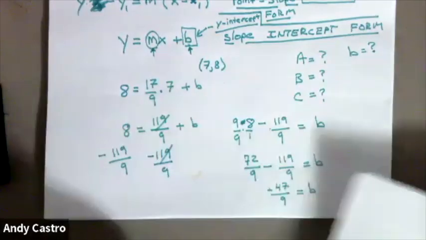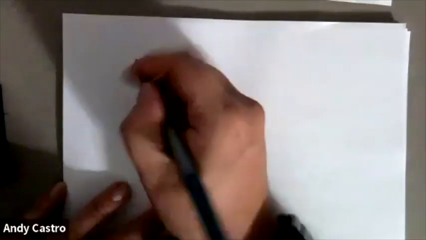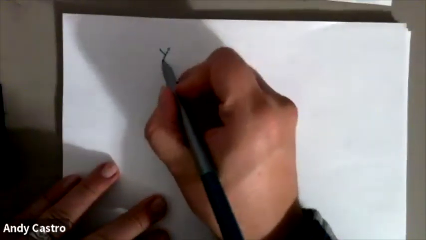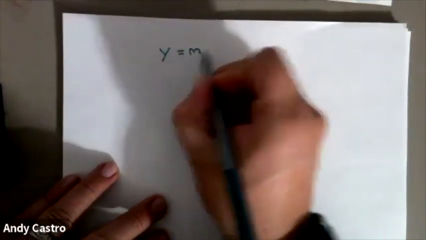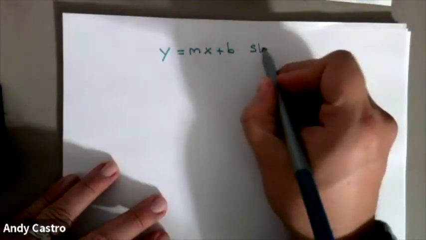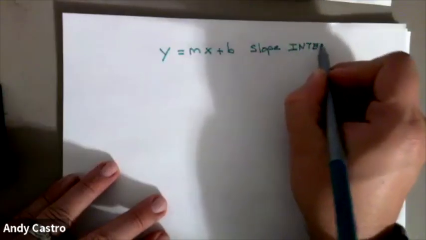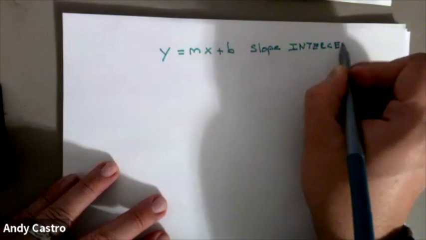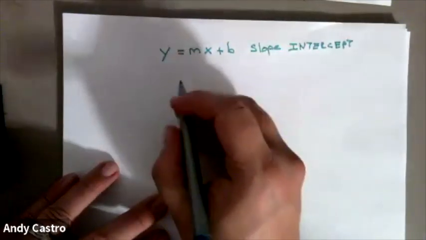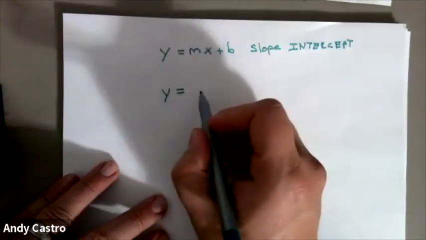Very good. So now that I have b, I can write the equation for this line. And this is what the equation looks like. Remember, slope-intercept form is y is equal to mx plus b. So y and x will remain y and x.